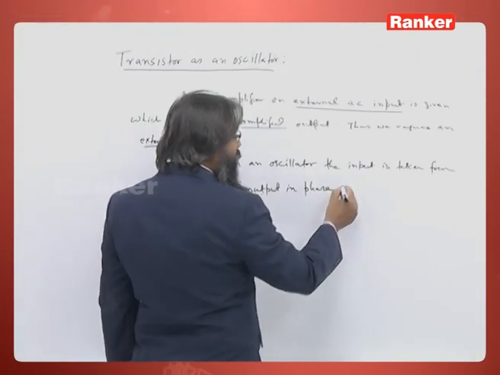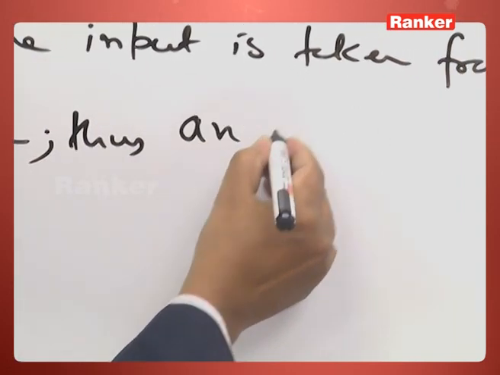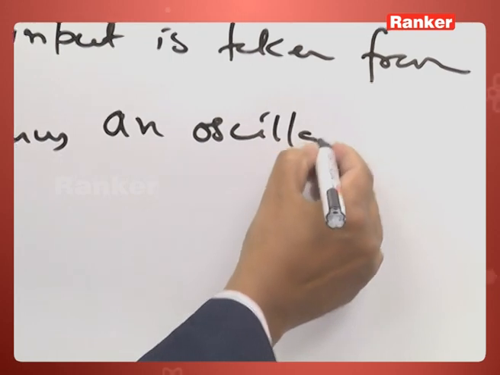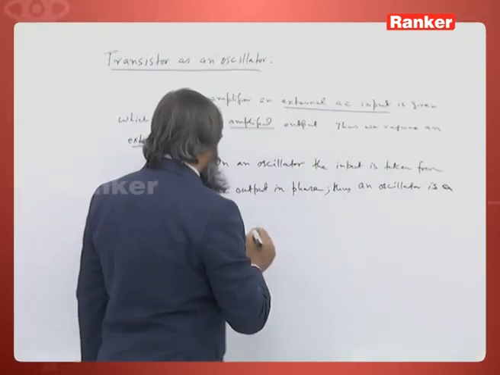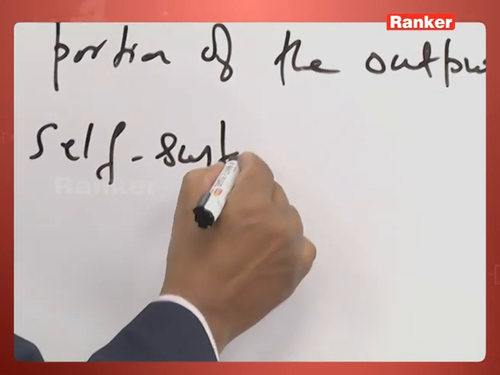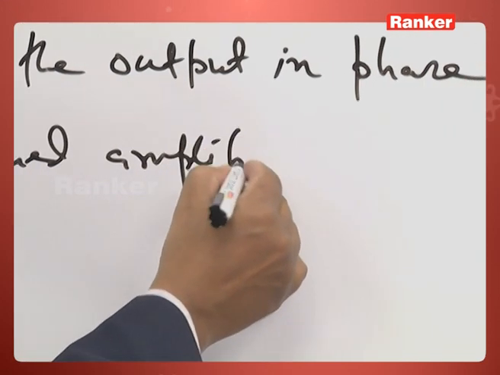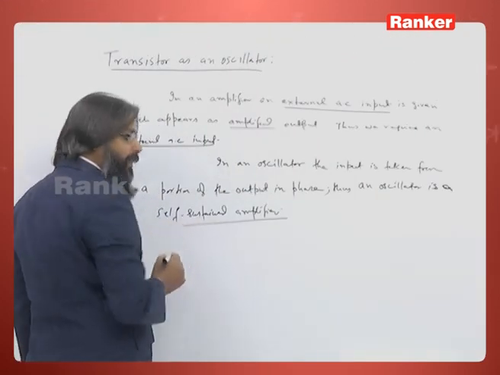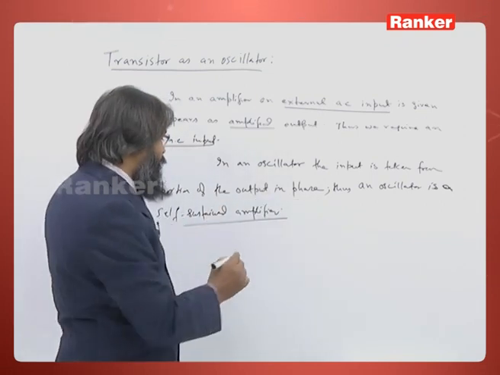Thus an oscillator is a self-sustained amplifier. So, no AC input is given, the input is taken from a portion of the output itself.